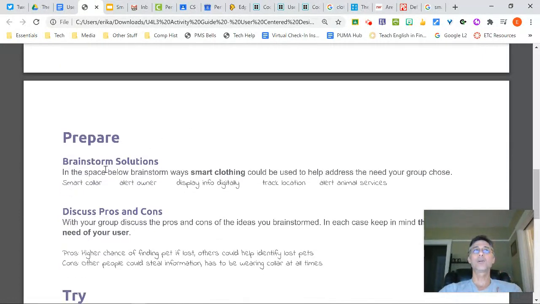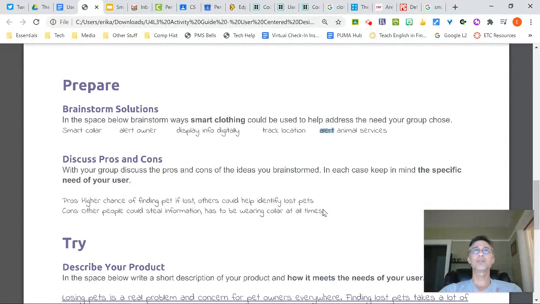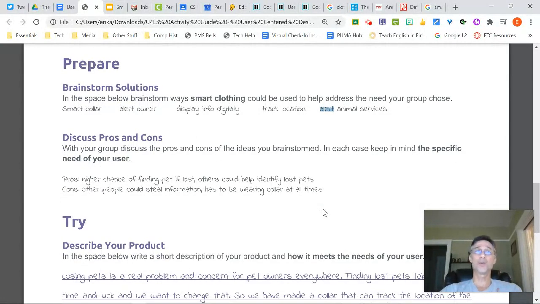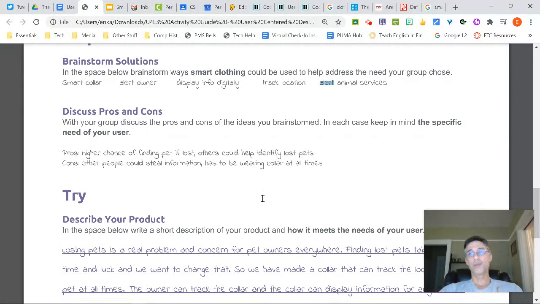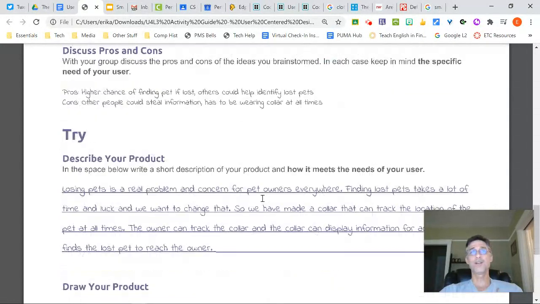Okay, smart clothing could be a smart collar that alerts the owner, that displays info on an app maybe and tracks the location of the animal and alerts animal services. Okay, getting the idea? Okay, discuss pros and cons. Unfortunately, you don't have a group to work with. Yeah, do your best. Maybe we can do some brainstorming in the chat during class.